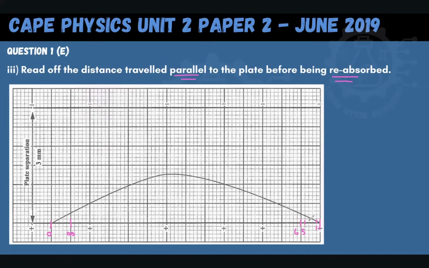So 6.6, 6.7, 6.8, 6.9. So that's 6.9 right there. So the distance traveled parallel to the plate before being reabsorbed is 6.9 millimeters. So I'm just going to write that here. Distance traveled is 6.9 millimeters, and we're just going to lock that in. That's our answer, and that's how we achieved it.